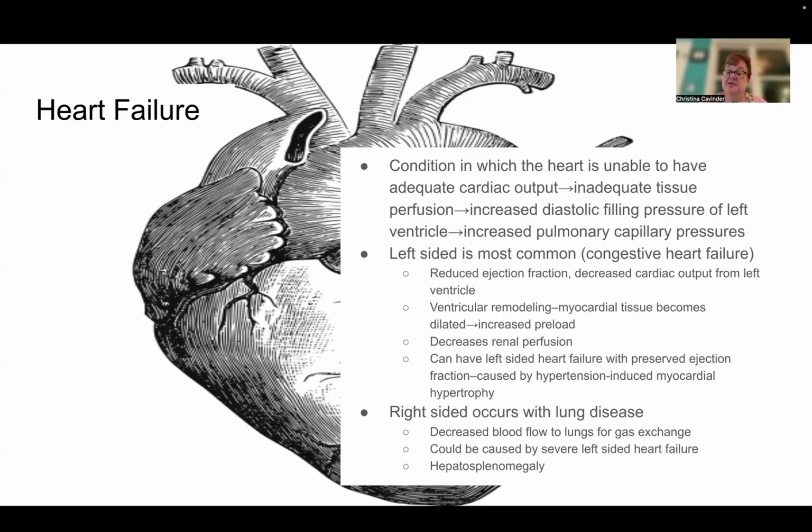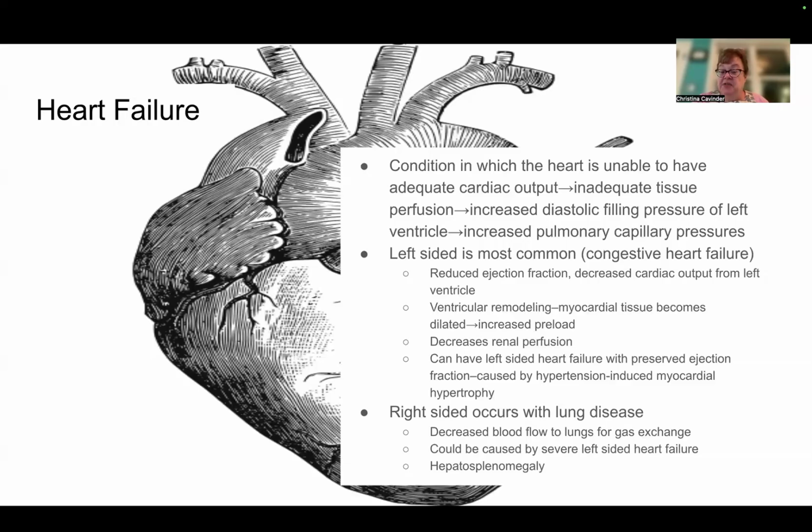Because you don't have much blood coming out, you have decreased renal perfusion. Well, again, the kidneys, they have not treated us well, right? Sometimes they're not helpful. If you don't have good renal perfusion, then the kidneys think, oh, we have poor blood pressure. So what does it do? It goes to that renin, angiotensin 1, angiotensin 2 to increase the blood pressure. Well, if you increase the blood pressure, what does that do to the heart?